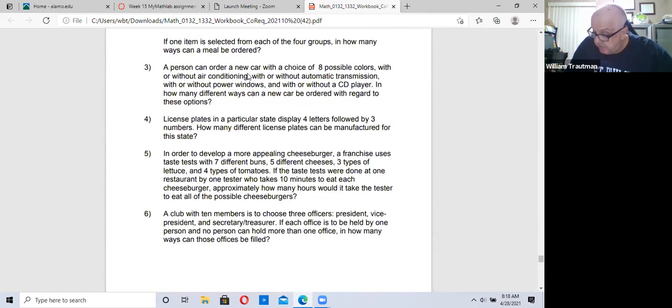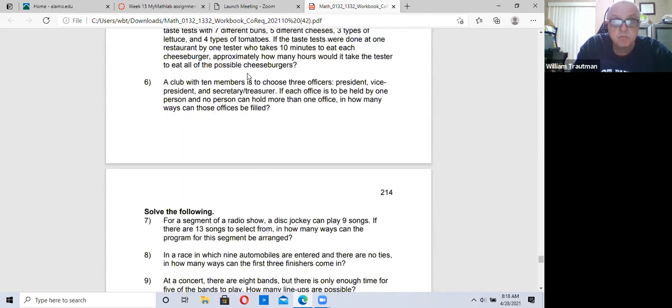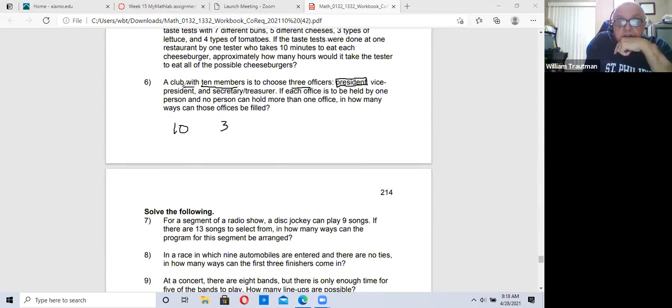All right, next on my list is doing number 6. A club of 10 members is to choose 3. So we're going to pick 3 from 10. And each of these 3 are specific jobs: president, vice president, and secretary.